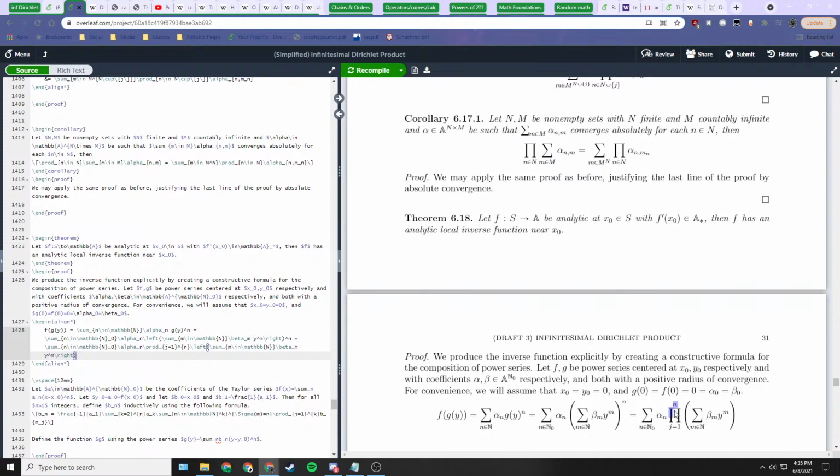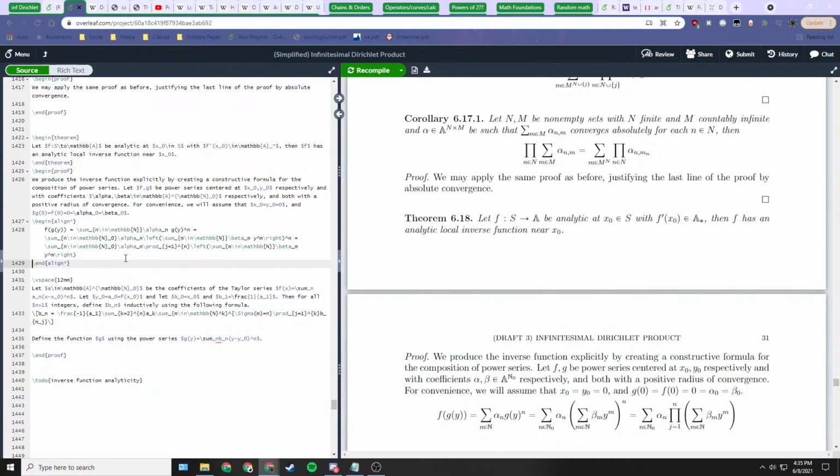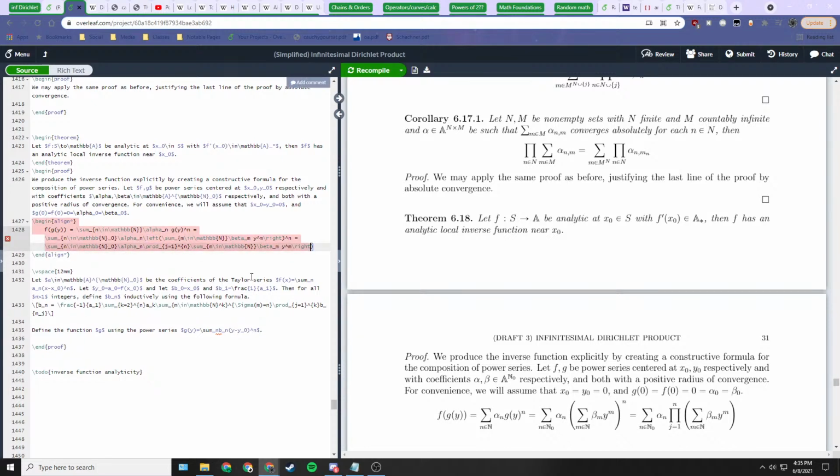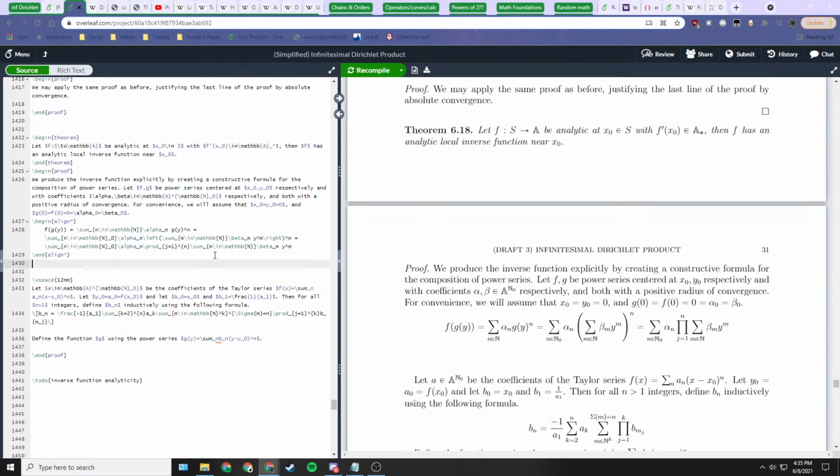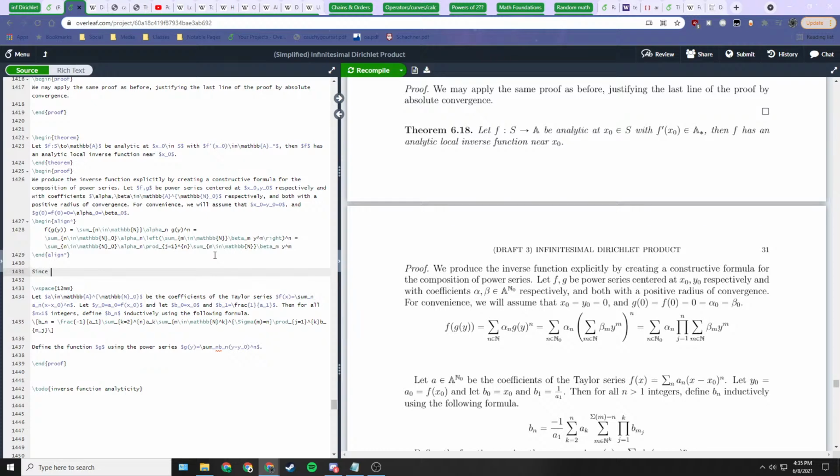We have this product of this summation, so let's remove these parentheses so that it's more clear. Okay, and since f and g are analytic, so too is their composition.